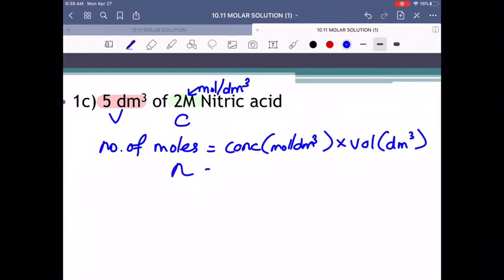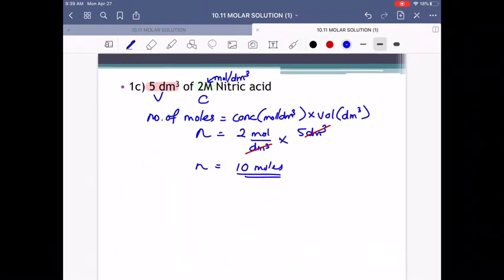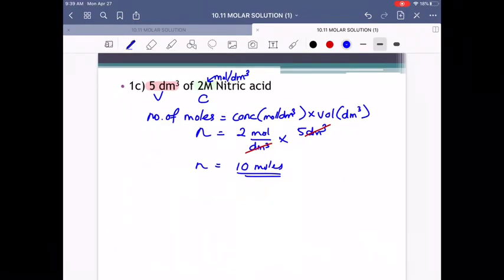Number of moles is equal to concentration, 2 mole per dm cube, times volume, 5 dm cube. You can see the units can be cancelled, leaving your final answer as 10 moles.